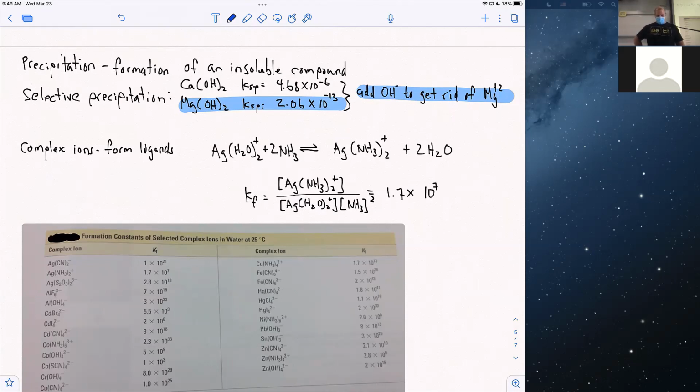But a less frequently used method is selective precipitation. You can do this to separate out and get various things of different purity. For instance, there is a mineral called dolomite. Dolomite is calcium and magnesium hydroxide.